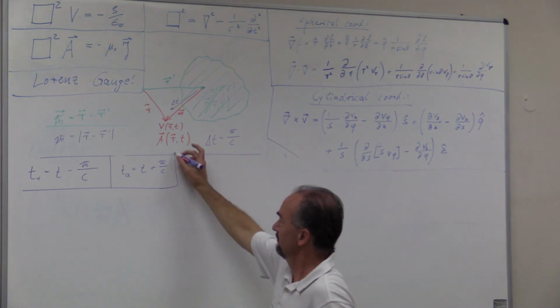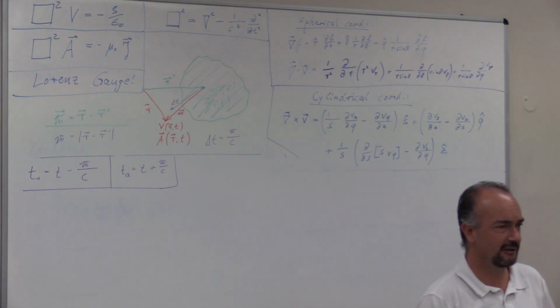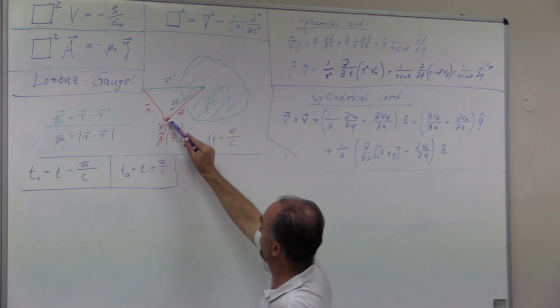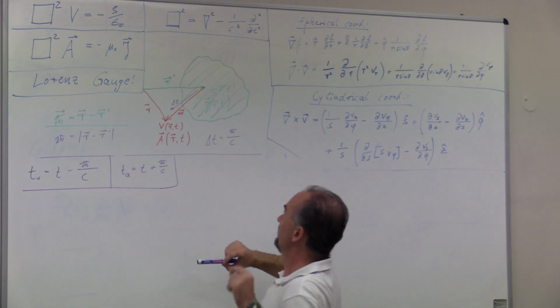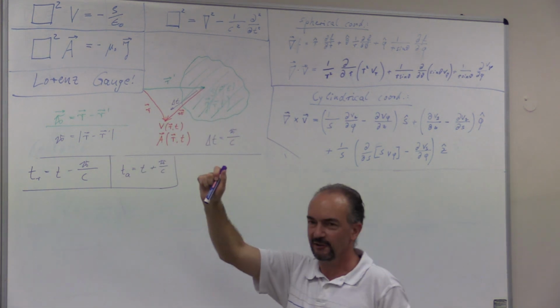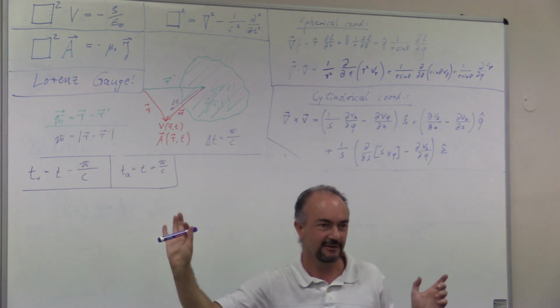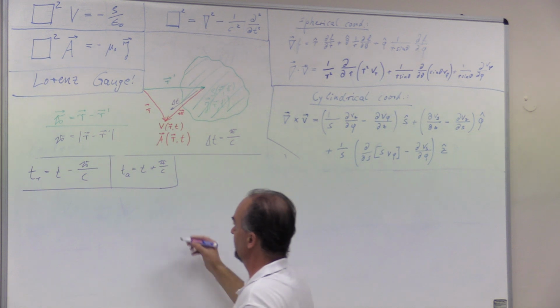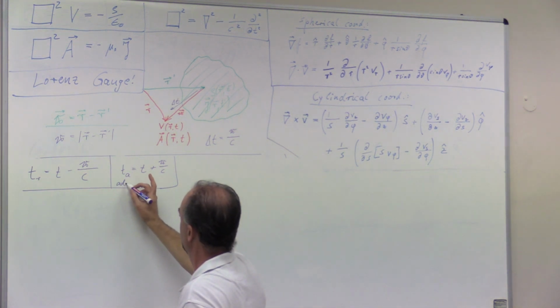In principle, this would actually work the same way. If you say you don't see the source at an earlier time, you actually see the source at some time in the future. Which of course is physically nonsense, but mathematically this would actually still work, right? So this would be called advanced time.